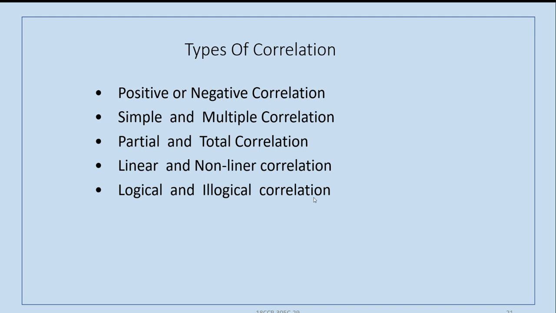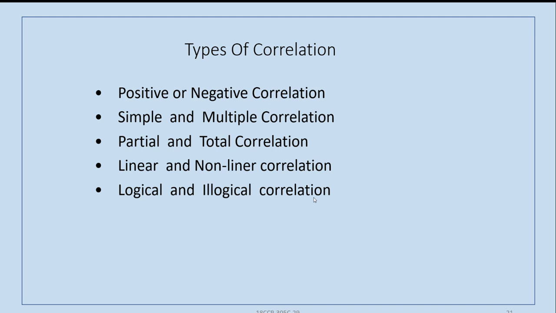If one variable moves in one direction and the other variable also moves in the same direction, it is called positive relation. If there is an increase in one item and decrease in another item, then it is negative correlation.